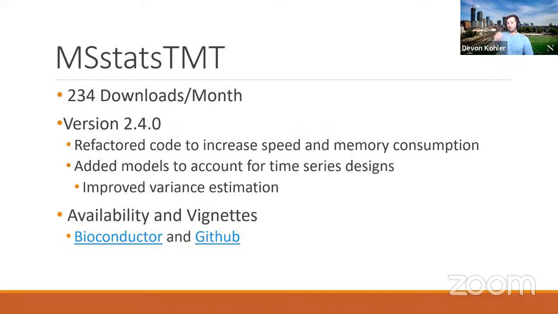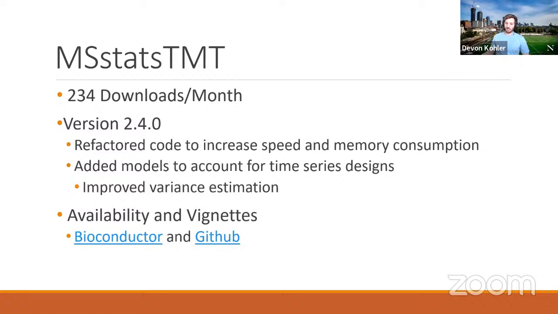Okay, so next we have MSstatsTMT. MSstatsTMT has 234 downloads per month over the past year. Its new version is version 2.4. And in this version, we include that refactored code.